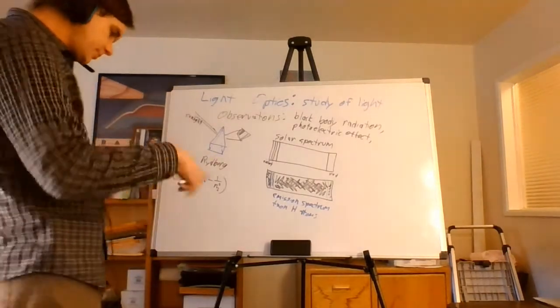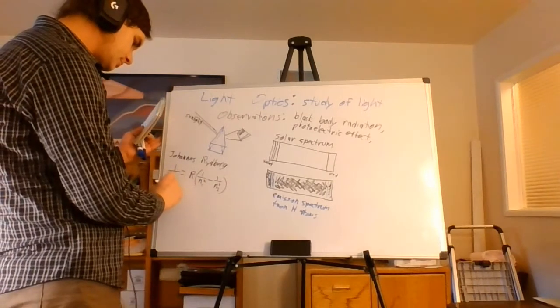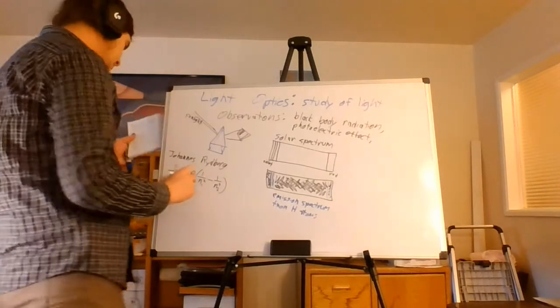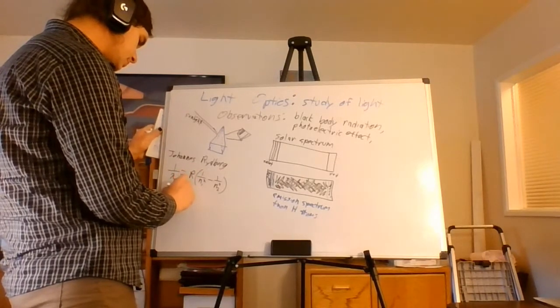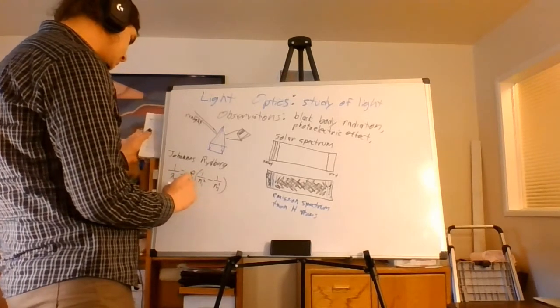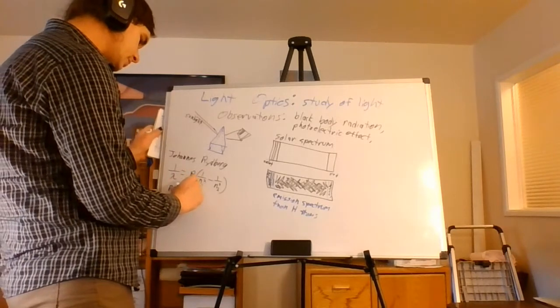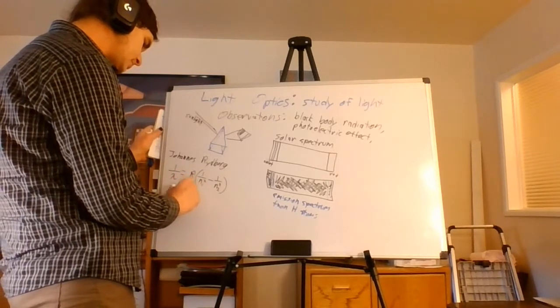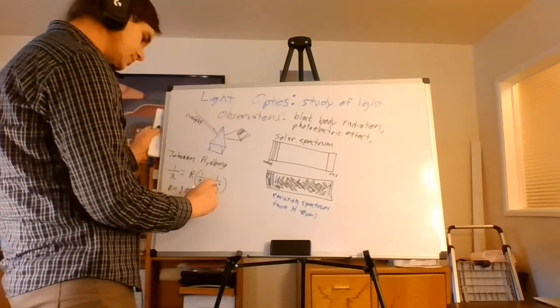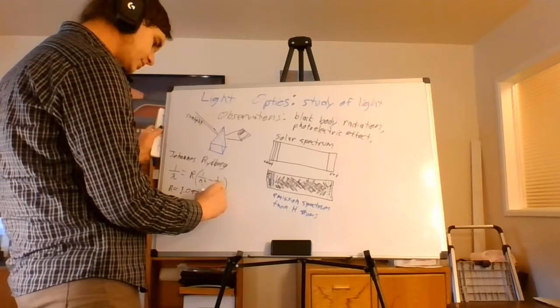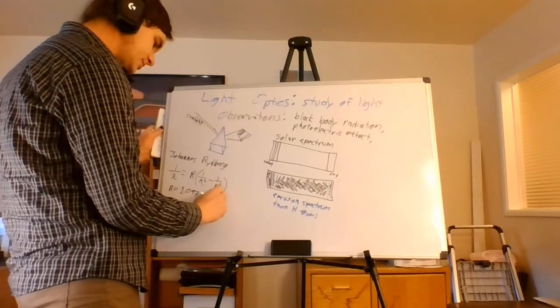So the Rydberg constant, by the by, is 1.097 times 10 to the 7th 1 divided by meters.